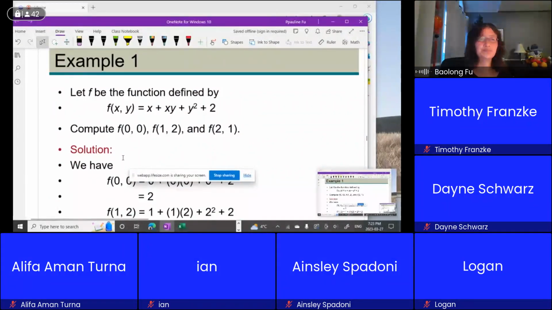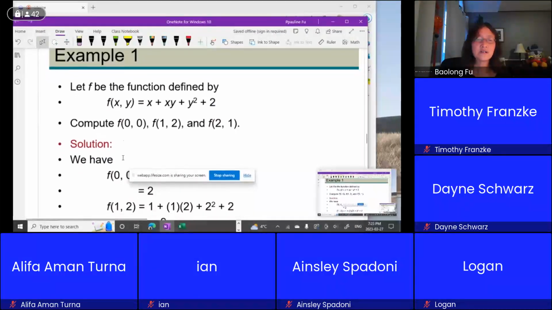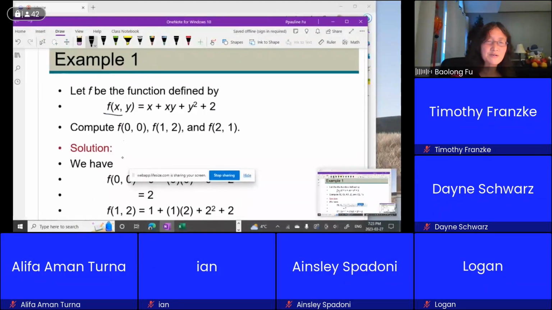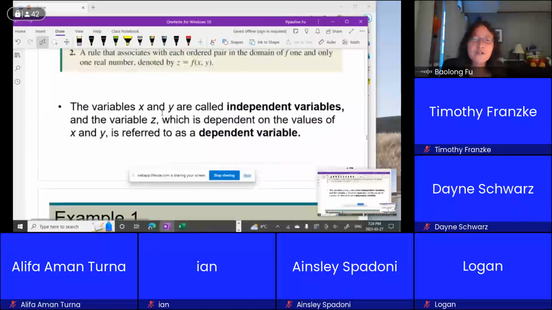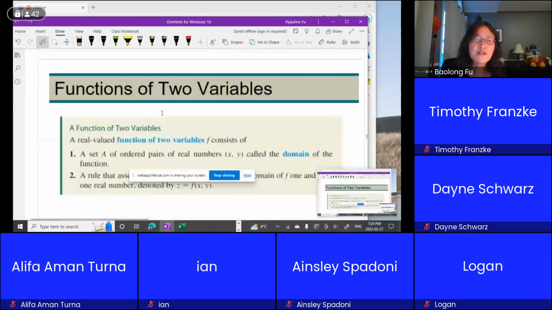So, example. If we have f(x,y) equal to this, compute f(0,0), f(1,2), and f(2,1). Functions of 2 variables, yes.